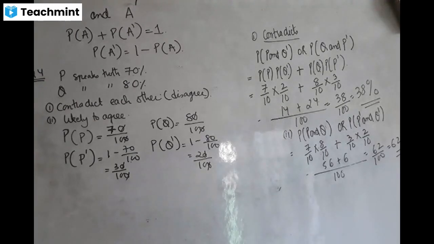Okay. A speaks truth in 75% of the cases, and B speaks truth in 90% of the cases.